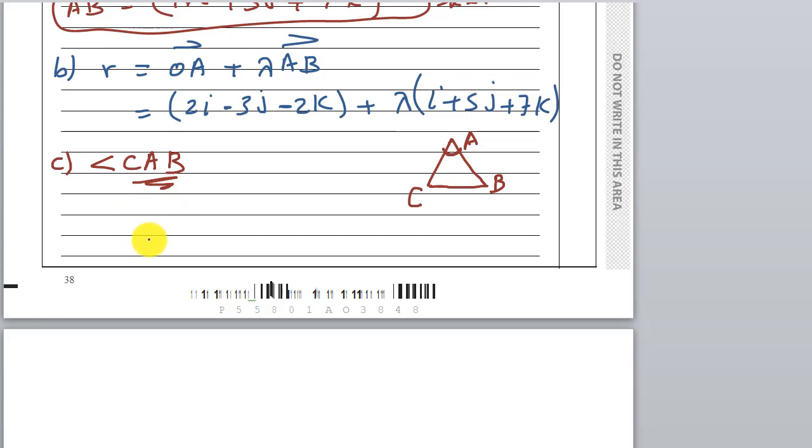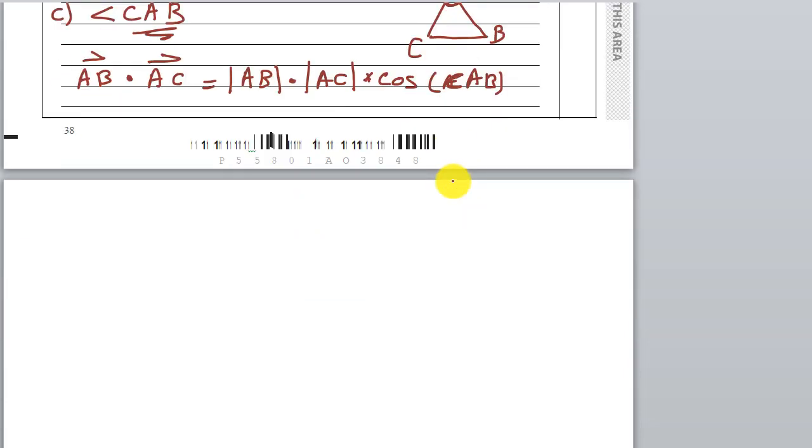So the equation is AB as a vector dot AC as a vector is equal to the determinant of AB multiplied by the determinant of AC multiplied by cosine of the angle CAB, which is this angle theta. So AB and AC are the two lines of the angle.